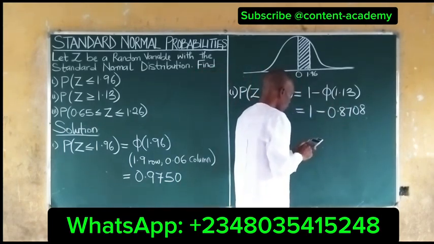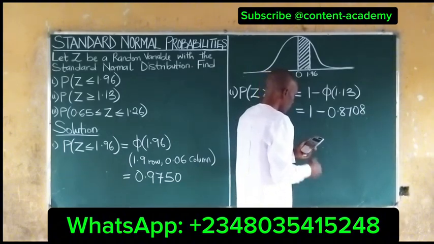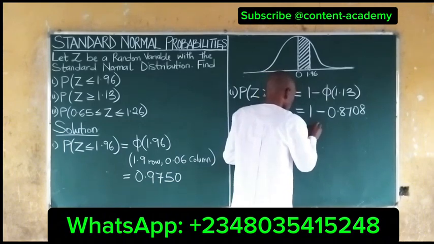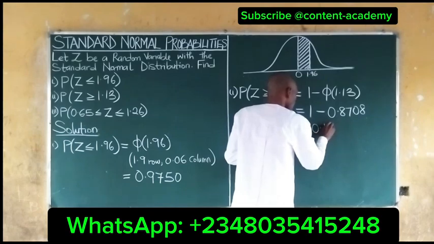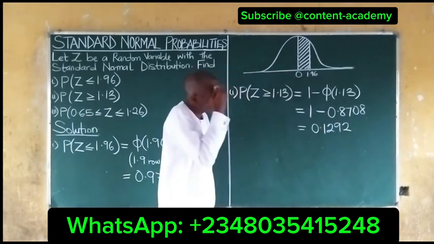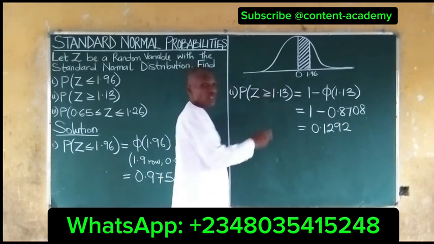Now, all we need to do is just to say 1 minus 0.8708, which is equal to 0.1292.